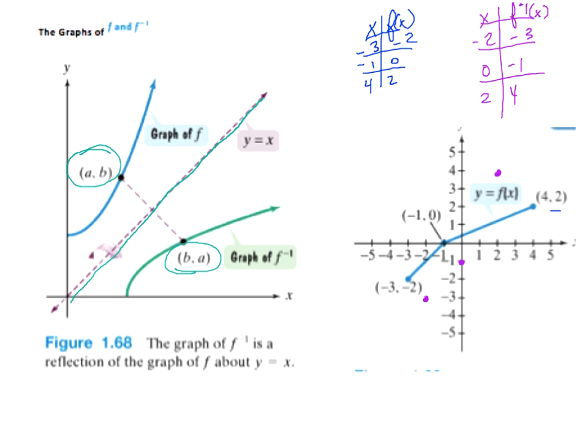So this is what my graph looks like. And if I came back and graphed the identity function, y equals x, it comes through here and mirrors each side over that identity line. And those are all the concepts that are addressed in 1.8 on inverses.